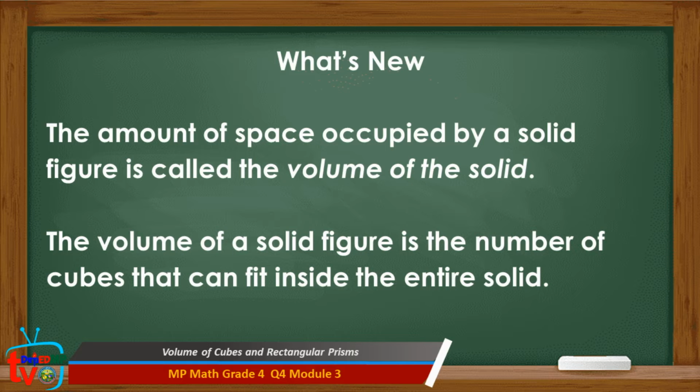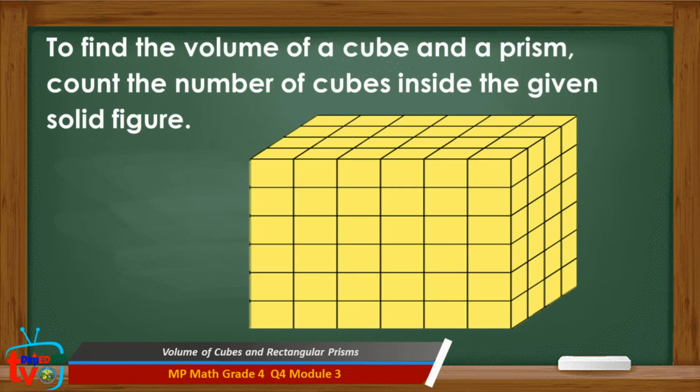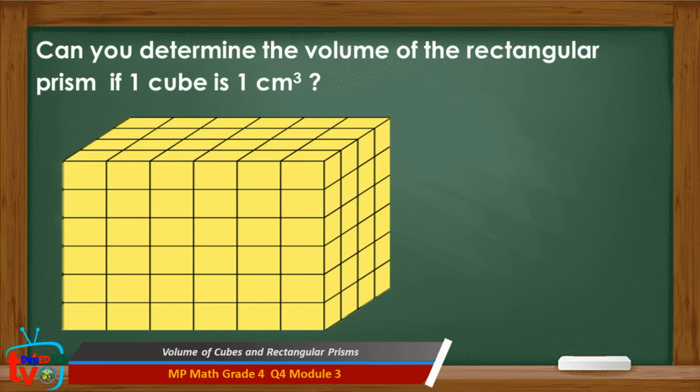The volume of a solid figure is the number of cubes that can fit inside the entire solid. To find the volume of a cube and a prism, count the number of cubes inside the given solid figure.